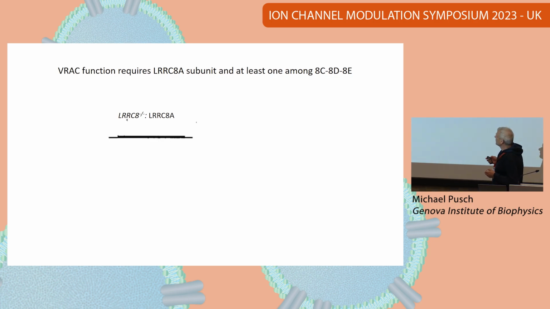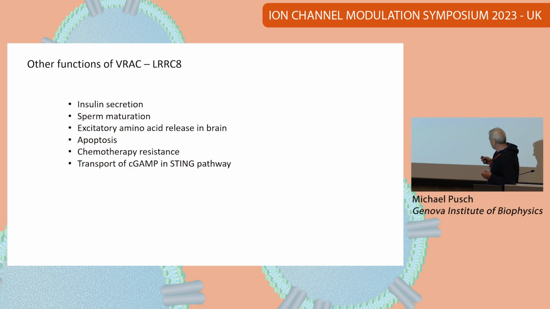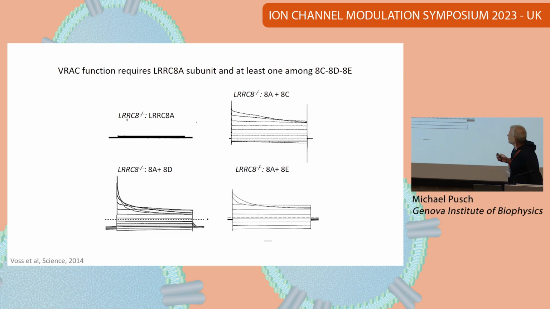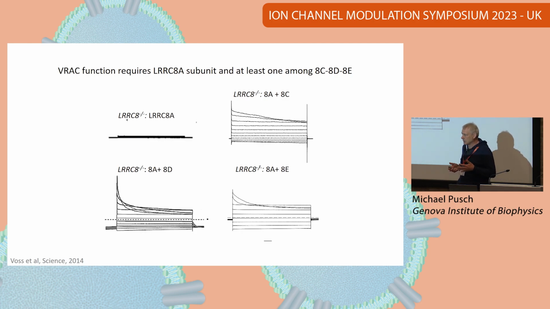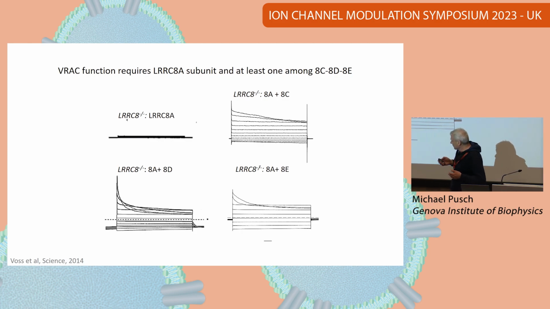You need another subunit. For example, you co-express the 8A subunit and the 8C subunit, or the 8A plus the 8D, or the 8A plus the 8E. Then you get nice volume-regulated currents. None of the other subunits alone give currents either. So you need a combination of at least one 8A and at least one other subunit.